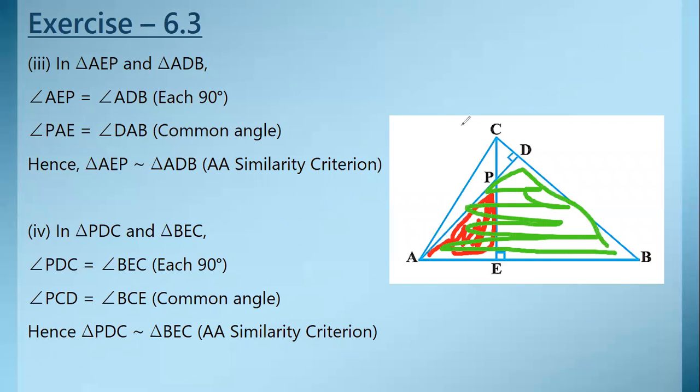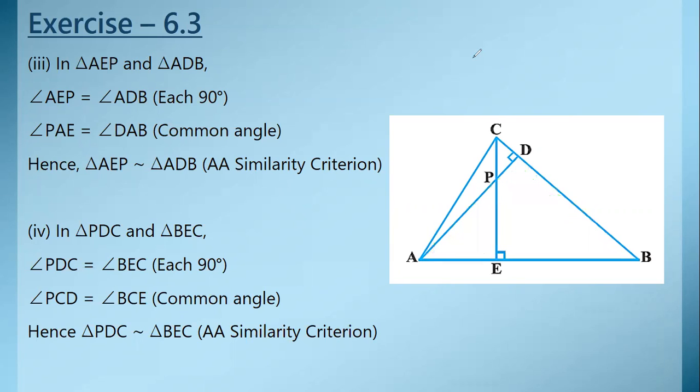Now for this one, angle E is 90 degrees. Again, angle D is 90 degrees. Angle PAE, so A is the common one over here. The previous one, angle B was common. Same way over here, angle A is common. So again, by AA similarity criterion, we can say triangle AEP and triangle ADB are similar.